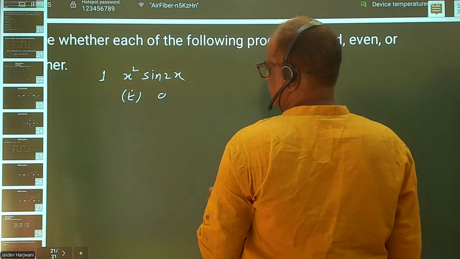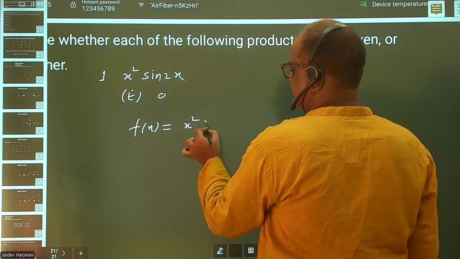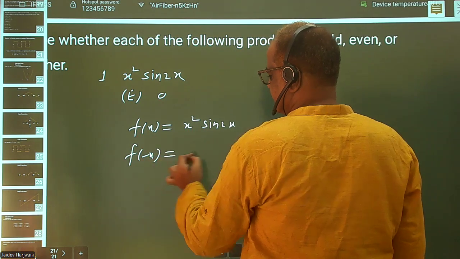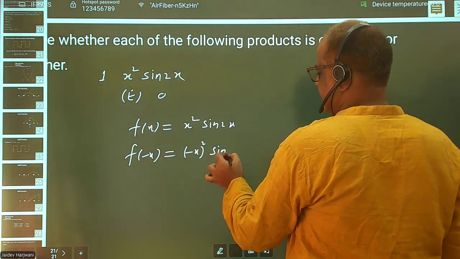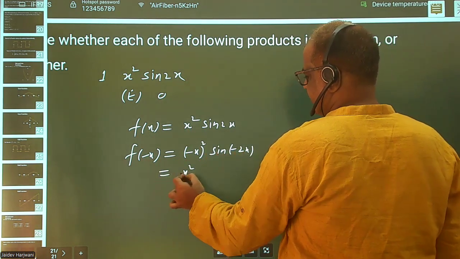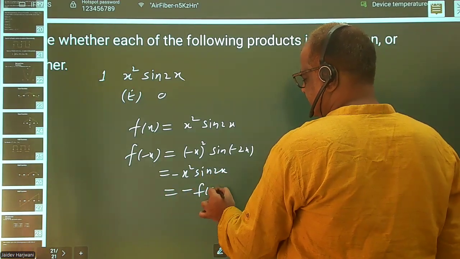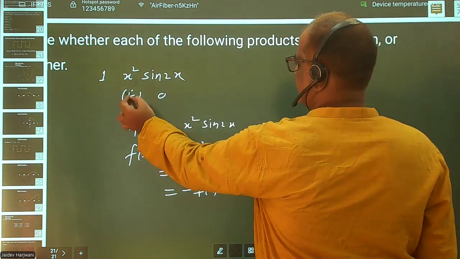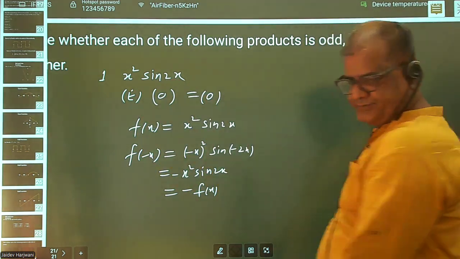So you have f(x) = x square sine 2x. If I take f(-x), it becomes (-x) square sine(-2x). This is x square and this is minus sine 2x. So this is your minus of f(x). This multiplication of even and odd gives you an odd function.